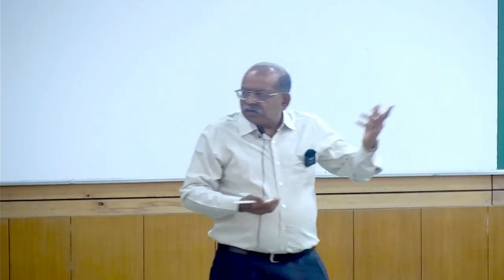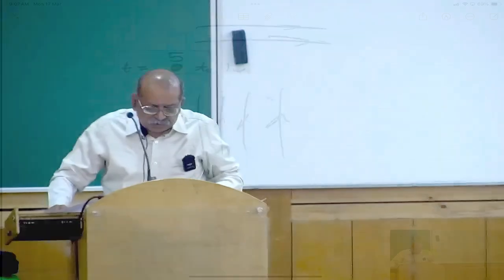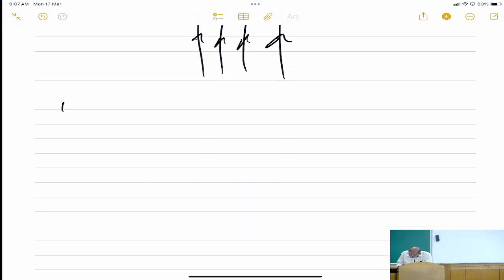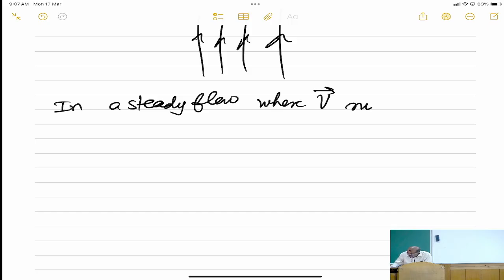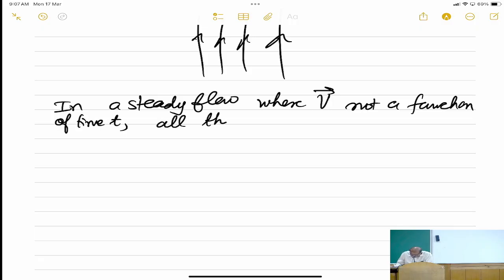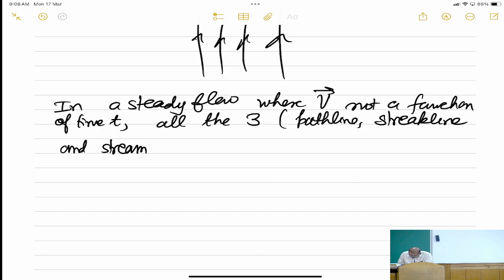Okay, so in a steady flow, where the velocity field is not a function of time, all the three coincide.